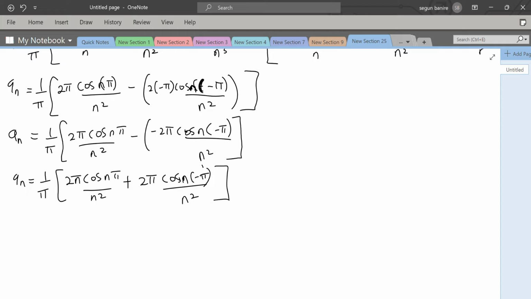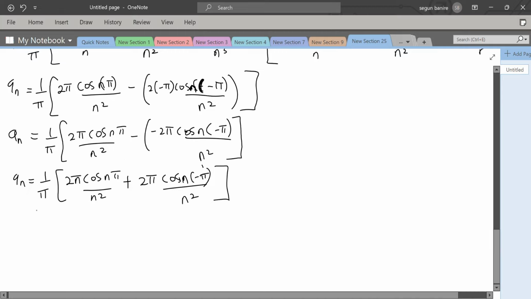Okay, so here we have n into minus pi over n squared. Now, something is going to happen at this point. There is something you need to know. You need to know that cos function is very special. If I have cos of minus s, this is the same thing as cos s. Cos will swallow the minus.